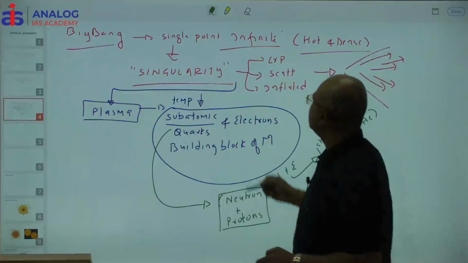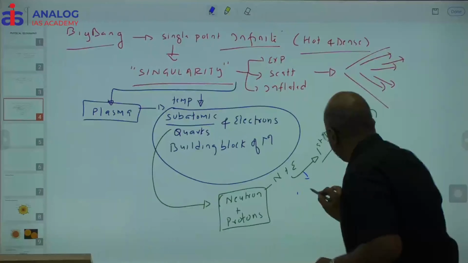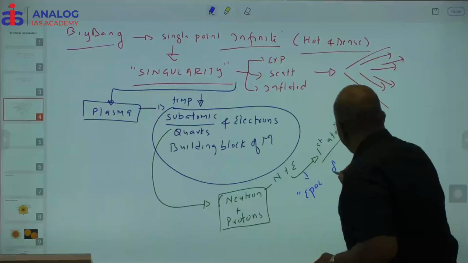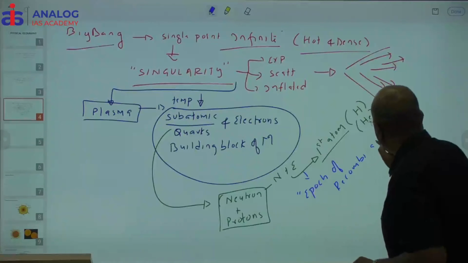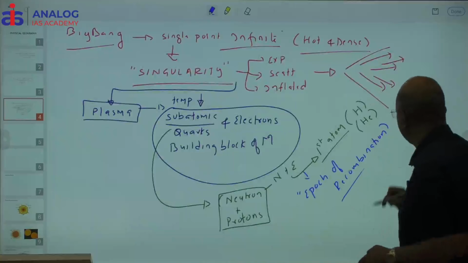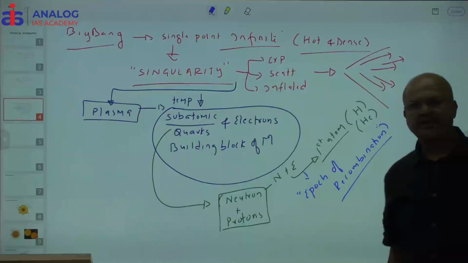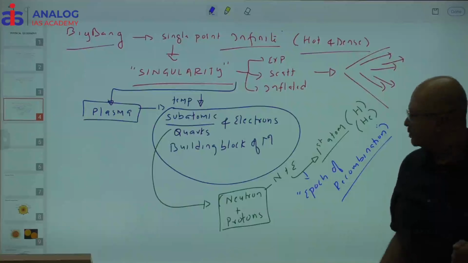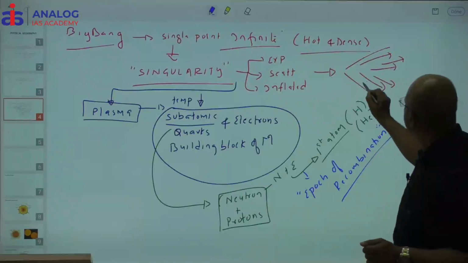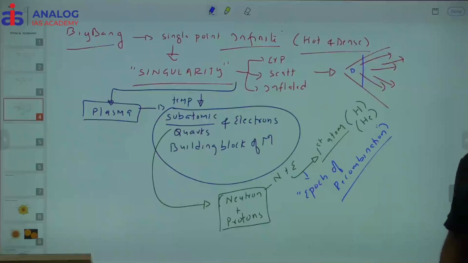This event is referred to as the epoch of recombination. Is that clear? These are terms which are significant. So after the Big Bang, up to this point it was completely dark, no visibility, a dark phase.